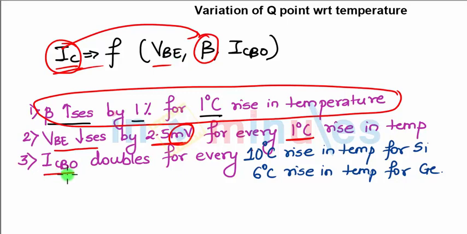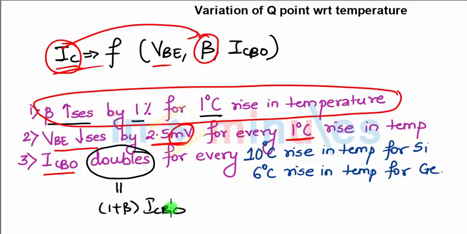And the last is the leakage current. This point is very important as compared to the other two. ICBO doubles for every 10 degrees Celsius rise in temperature. We have a 1 plus beta term multiplied by ICBO. For example, if I take the value of beta as 300, then 1 plus beta will be 301. If the value of ICBO was 5, after a 10 degrees Celsius rise it will be 10.